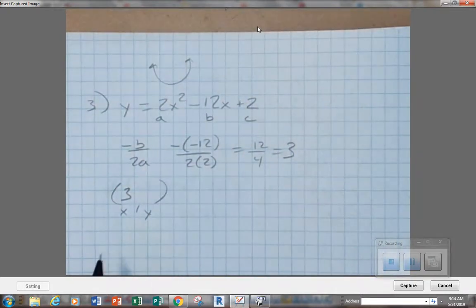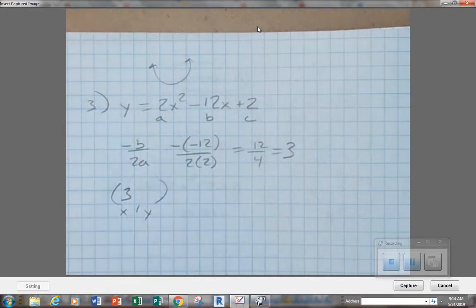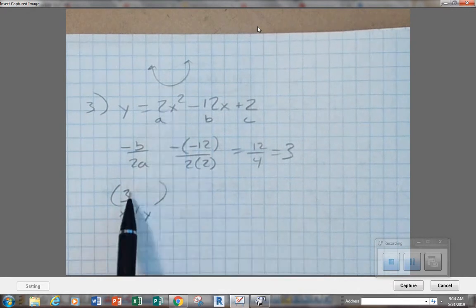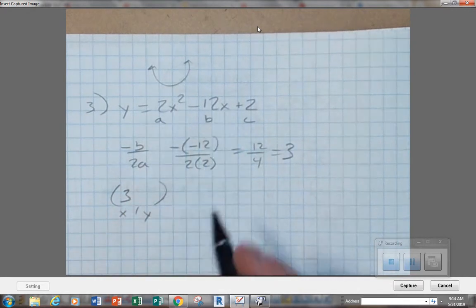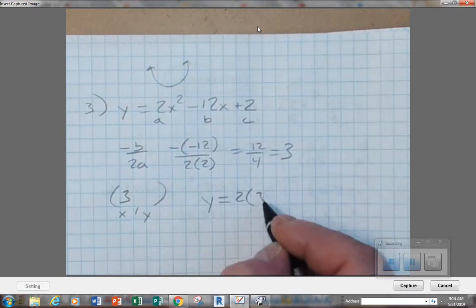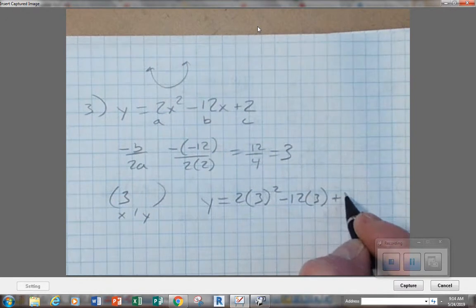I know that the equation through the x coordinate gives me the line of symmetry. So it's going to be x equals 3 when we get to that. But now I need to find the y coordinate by plugging this in right here and right here. So here I go. Y when x is 3, and all those x's I'm plugging in 3.